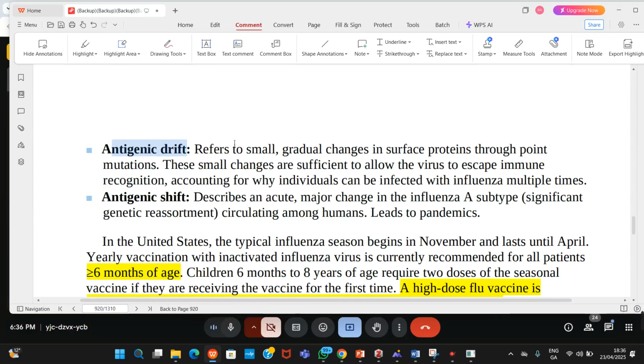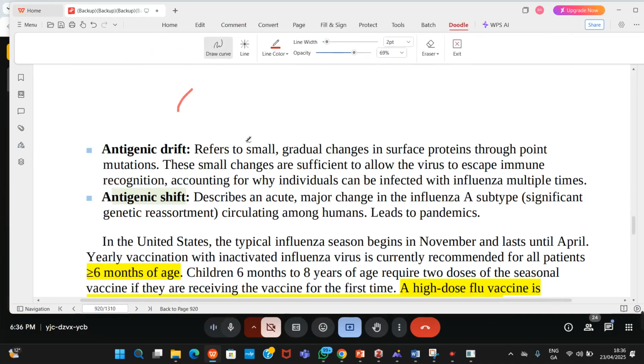So there's something we call antigenic drift and antigenic shift. Antigenic drift just means that the virus is changing, having some point mutation in the gene that is causing some gradual change in surface protein. So if the virus has like 20 surface proteins and maybe 2 have changed, that has changed the virus in a way.